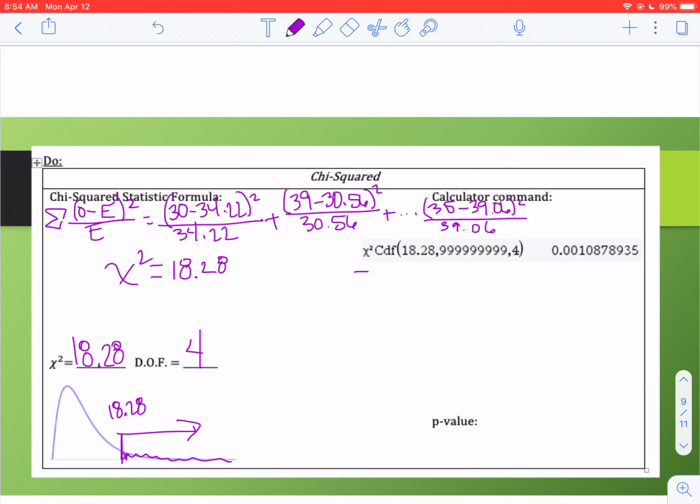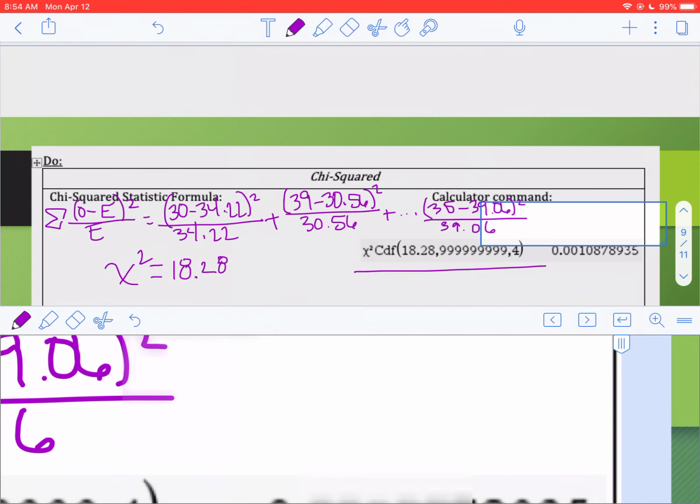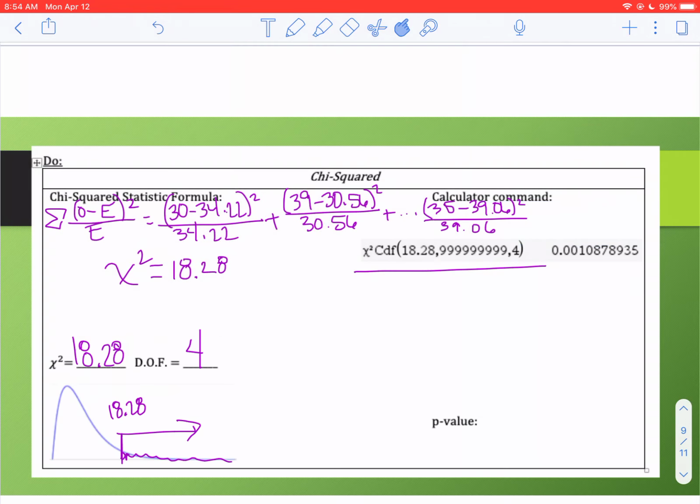So if you look at our calculator command, we get chi-squared CDF. We have a lower bound of 18.28 and an upper bound of technically infinity, but we put 99999.